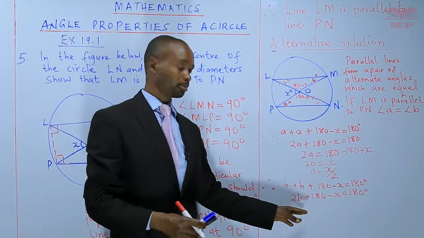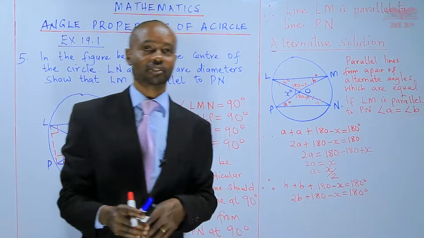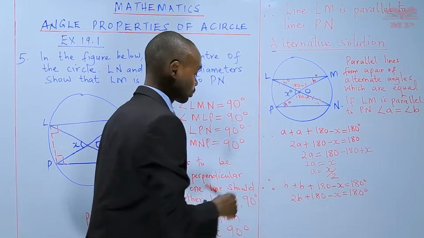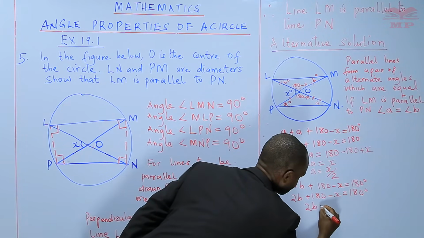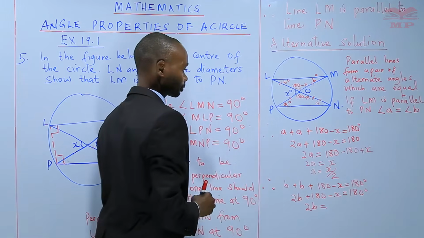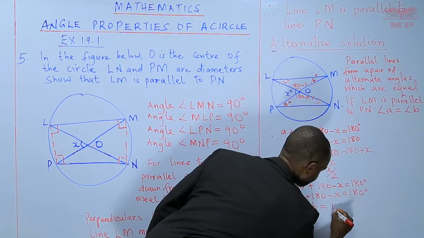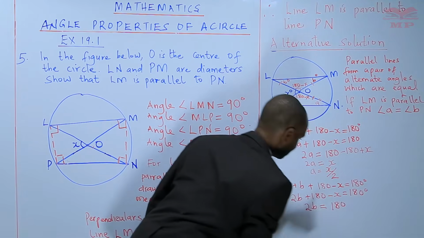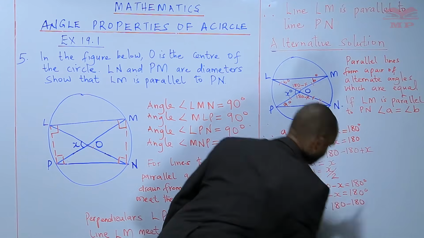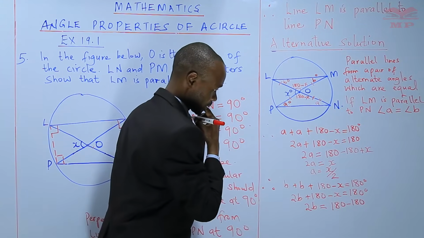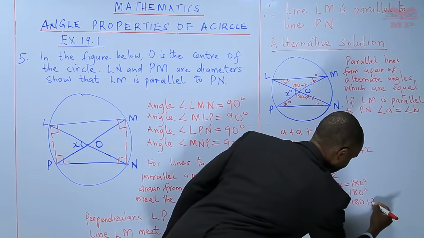I'm interested in B, so B will remain on the left-hand side of the equation. So we move ahead by saying 2B is equal to 180 minus 180 plus x, because x now becomes positive.